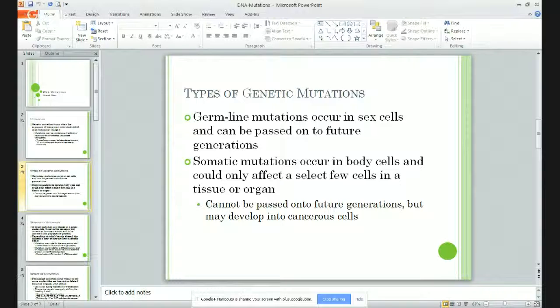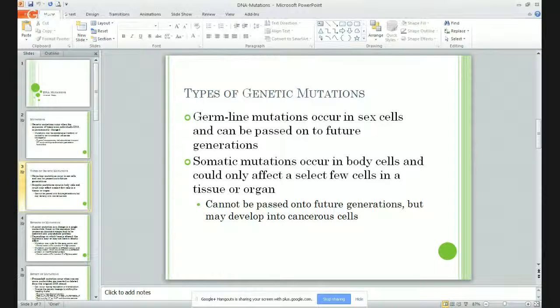But I guess both of them can lead to cancer. Because you've got some things like breast cancer, which can be passed on through the germline mutations.